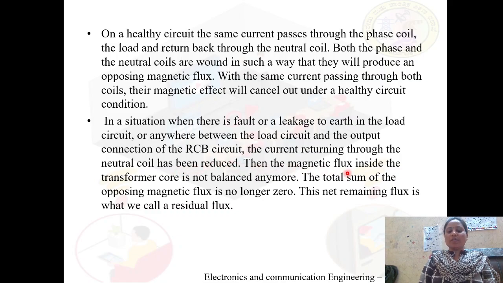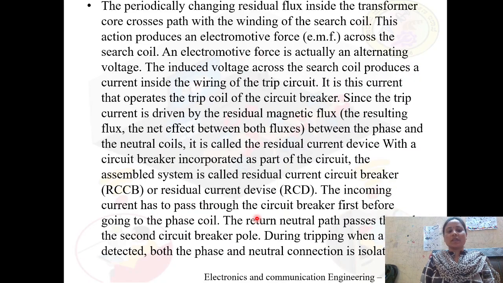Then the magnetic flux inside the transformer core will not balance anymore. So the total sum of opposing magnetic flux will no longer be 0. Whatever the remaining flux is, is called the residual flux.